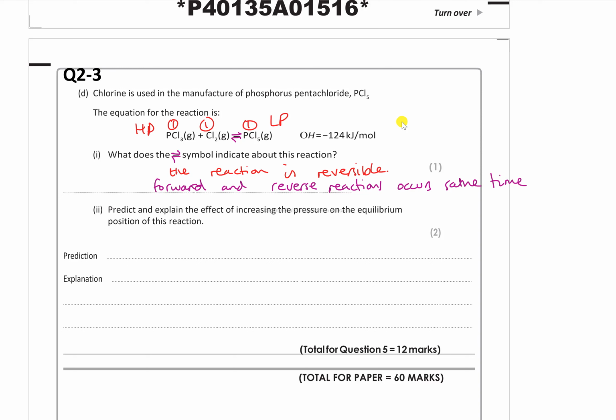What will happen to the equilibrium? If you increase it, the system will go to the low pressure side. The equilibrium will shift to the right. Why? Because there are fewer molecules or moles on the right hand side.